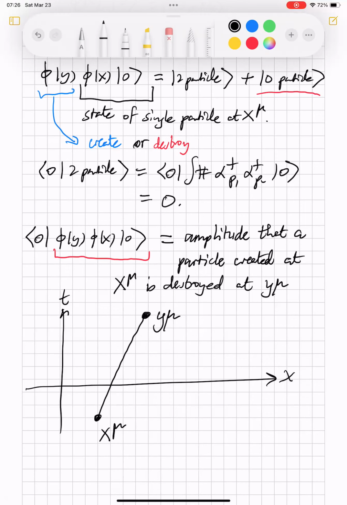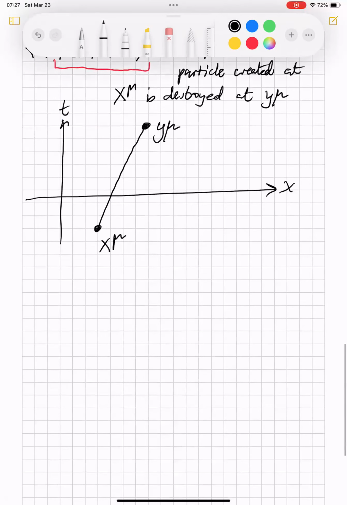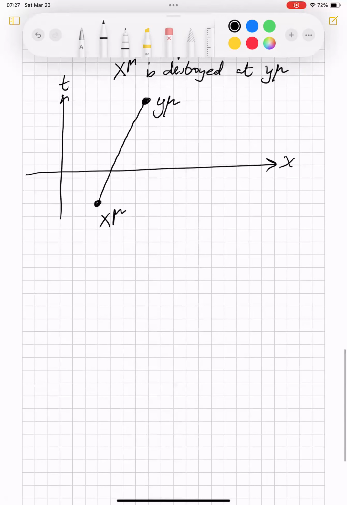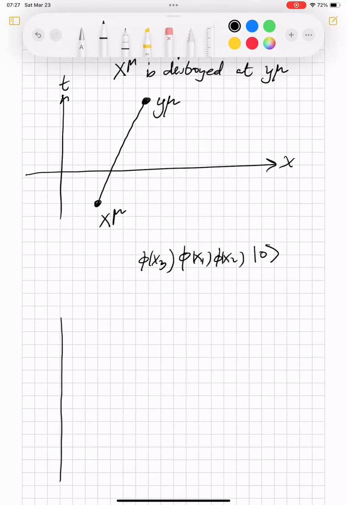In fact, there's a very interesting class of questions that we can now motivate. So let's take the vacuum state, naught, and let's use our field, sorry, let's act on it with phi x1, phi x2, phi x3. And let's imagine that these fields act in the very distant past, okay?